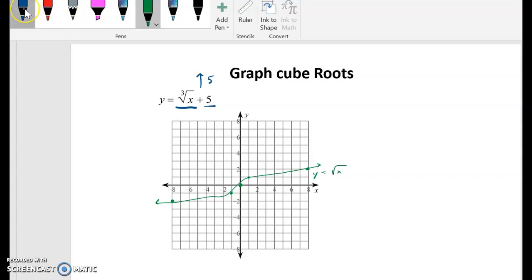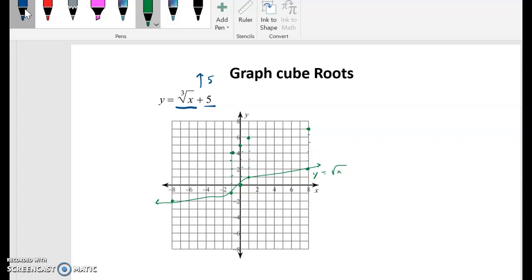And now changing to blue, I'm going to move every point up 5 units. So (0, 0) gets moved 1, 2, 3, 4, 5. The point (1, 1) gets moved up 1, 2, 3, 4, 5. The point (8, 2) gets moved up 1, 2, 3, 4, 5. (-1, -1) gets moved up 1, 2, 3, 4, 5.